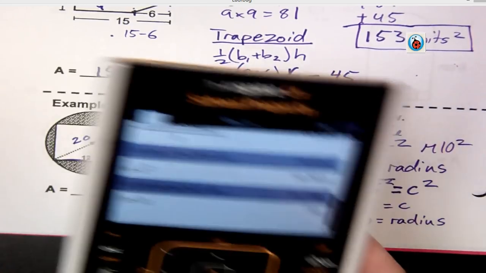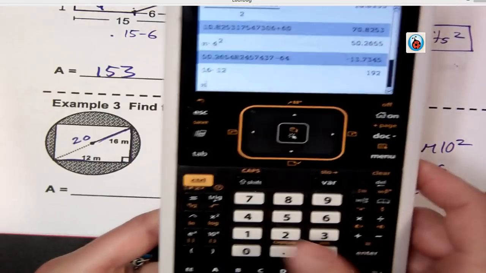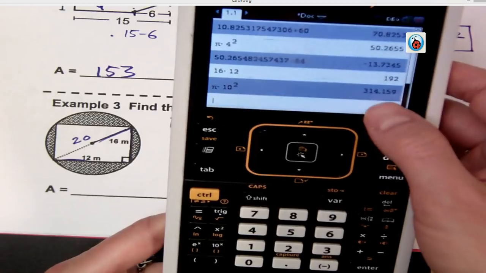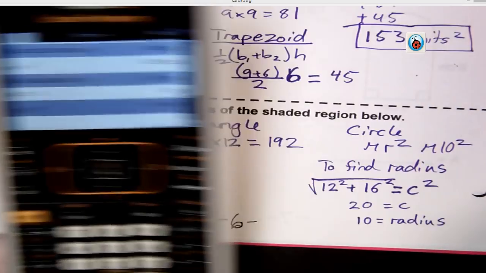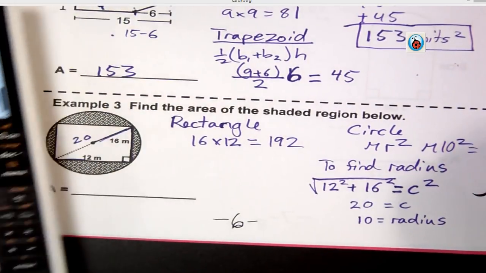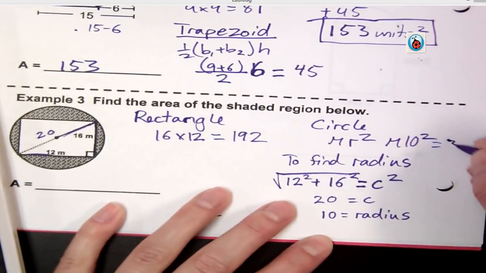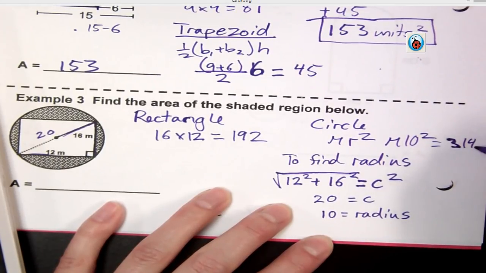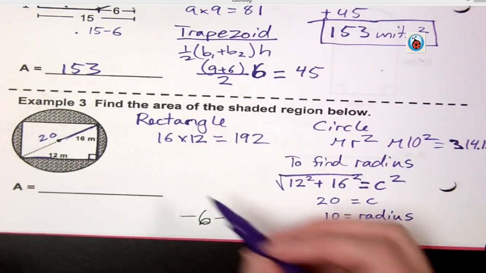I'll type that one in my calculator, and I get 314.159. Because we multiplied it by 10 squared. And then that, of course, I subtract.